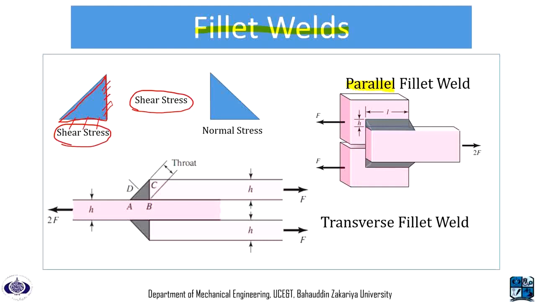However, if one of the sides is applied with normal stress and the other one with a shear stress, then that type of fillet weld is called a transverse fillet weld.